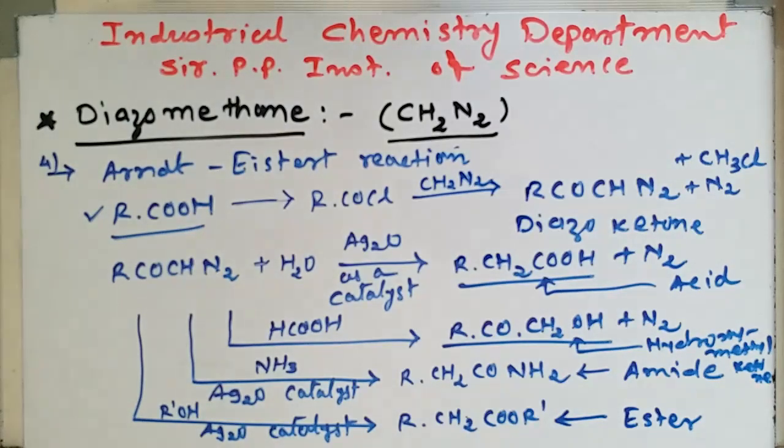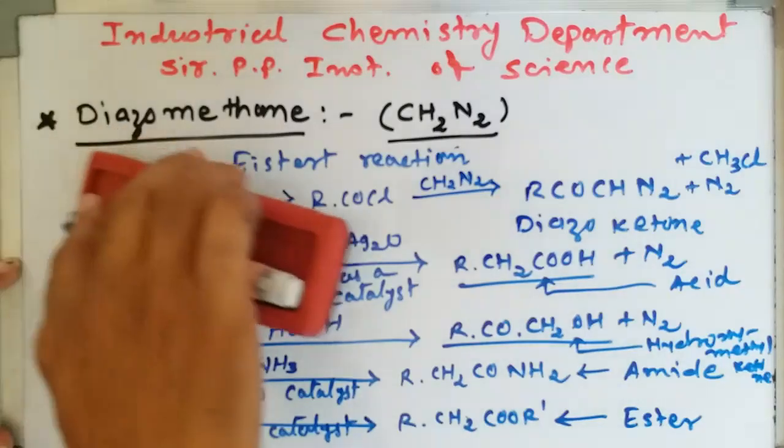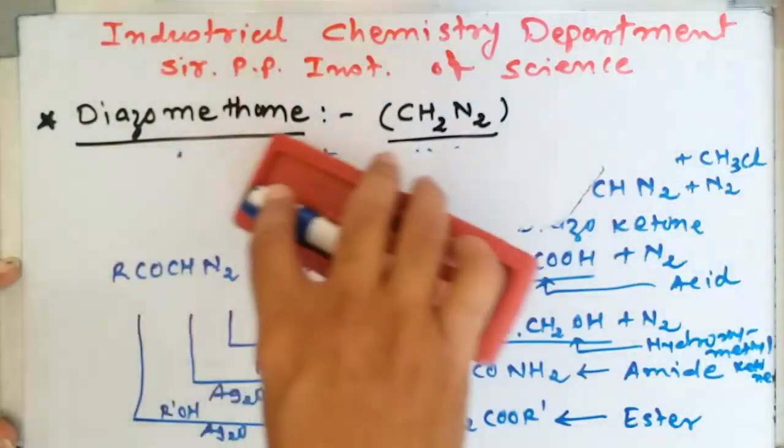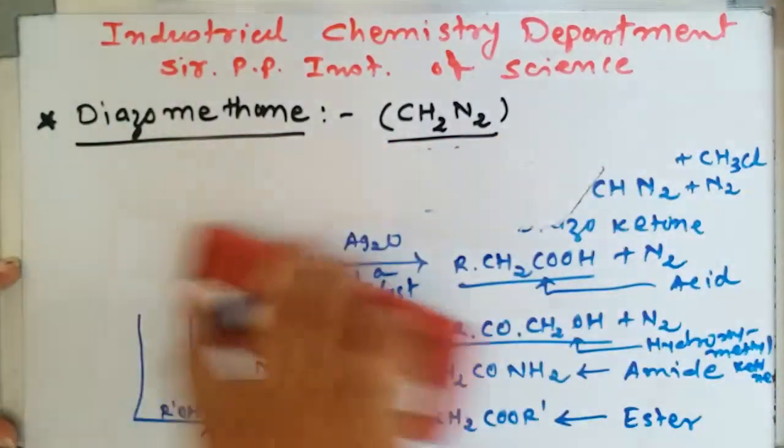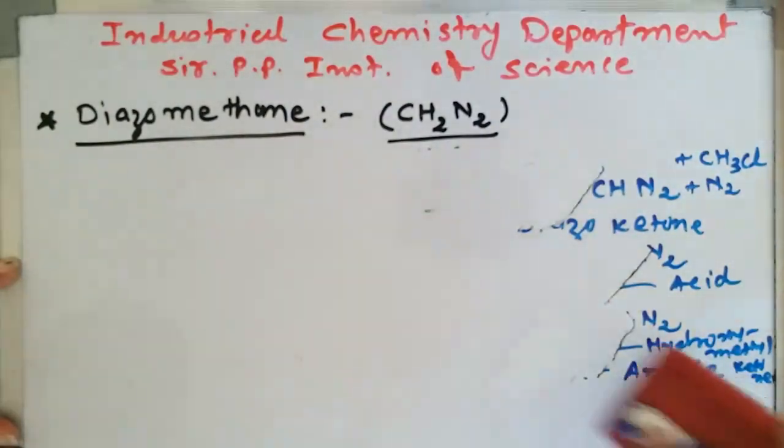So the intermediate step diazoketone is very important. This is the fourth application of diazomethane.